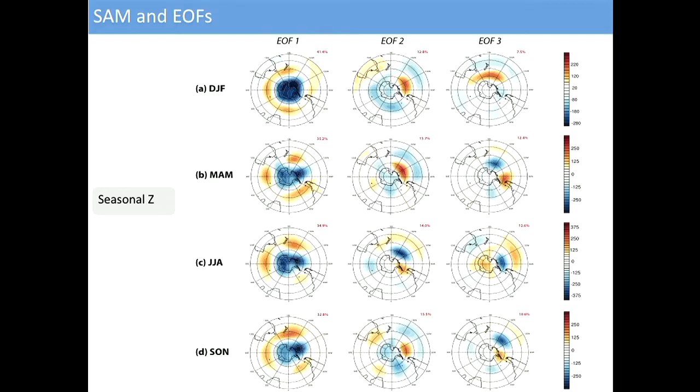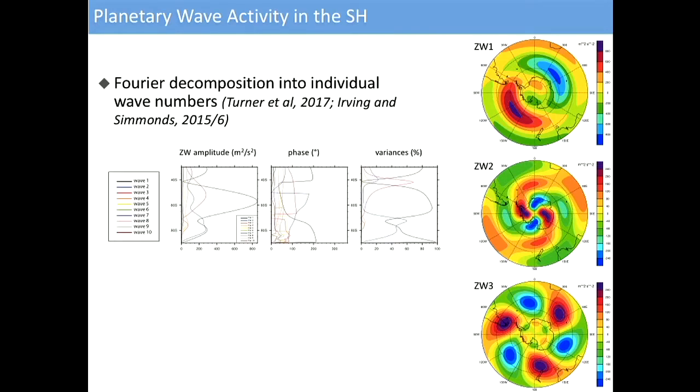So she's also been looking at planetary waves, which is a different way of looking at extratropical variability. It's a Fourier decomposition into individual wave numbers. Zonal wave 0 is the SAM, the annular mode. You can decompose all of the variability in the extratropics into different waves. The idea with Fourier decomposition is that you have a time series and decompose it into main waves, and then you could sum them all up and recreate what you started with.